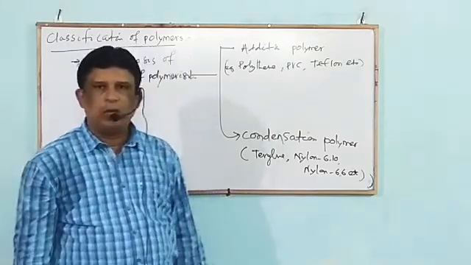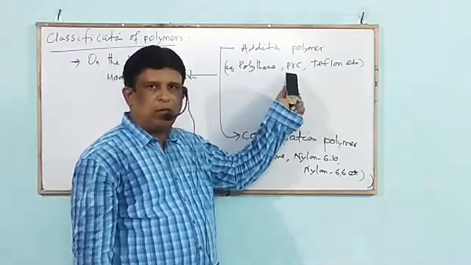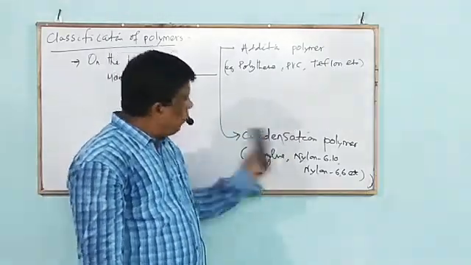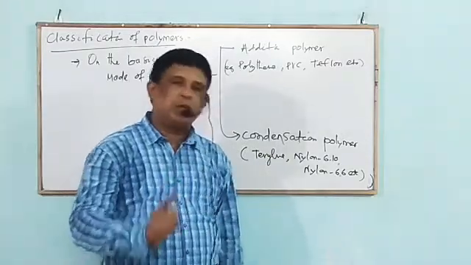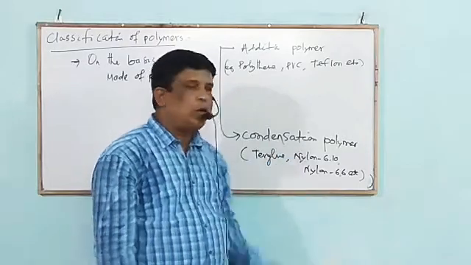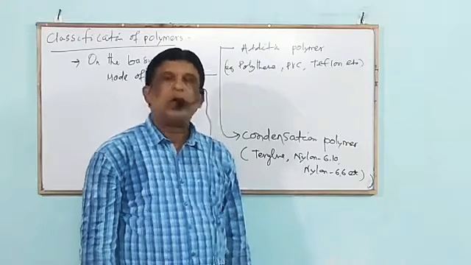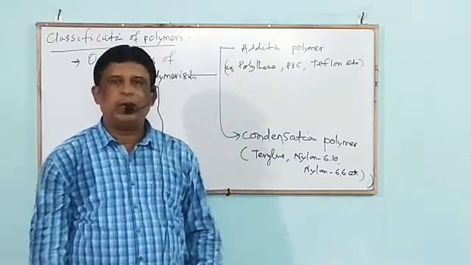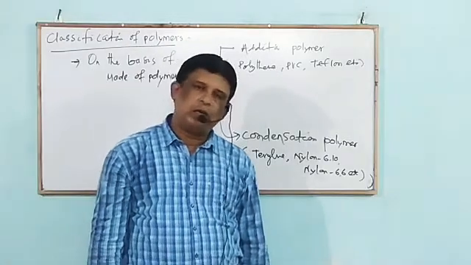One is addition polymer, where there is no elimination of water molecule. Here, different monomers are joined together with the elimination of a simple molecule, undergoing condensation polymerization to form a condensed polymer. Next, on the basis of biodegradability, polymers are classified into two types.